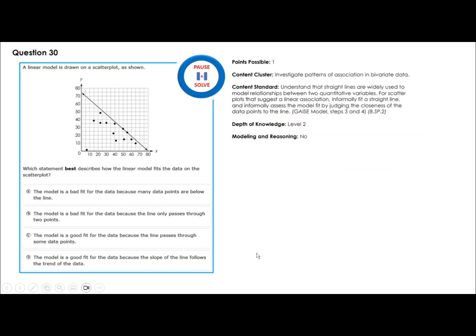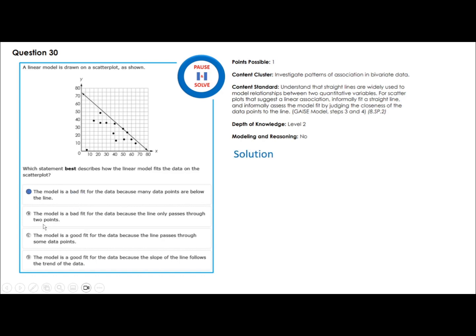Here, a linear model is drawn on a scatter plot as shown. What statement best describes how the linear model fits the data on the scatter plot? The model is a bad fit for the data because many data points are below the line. I think that's the correct answer, right?